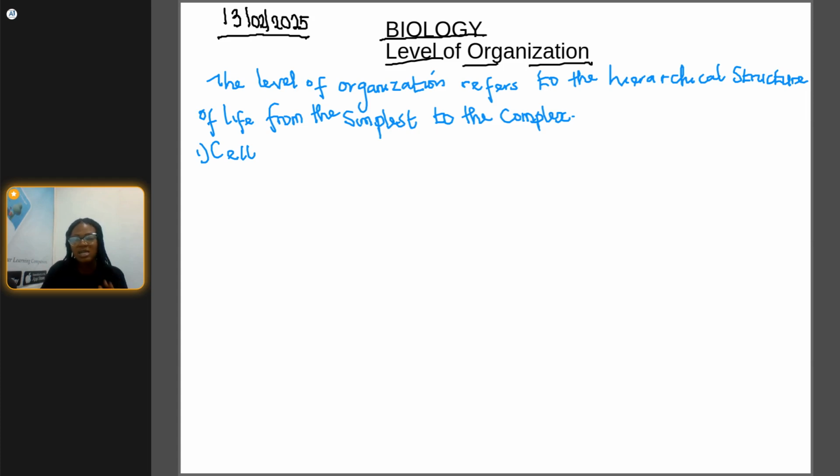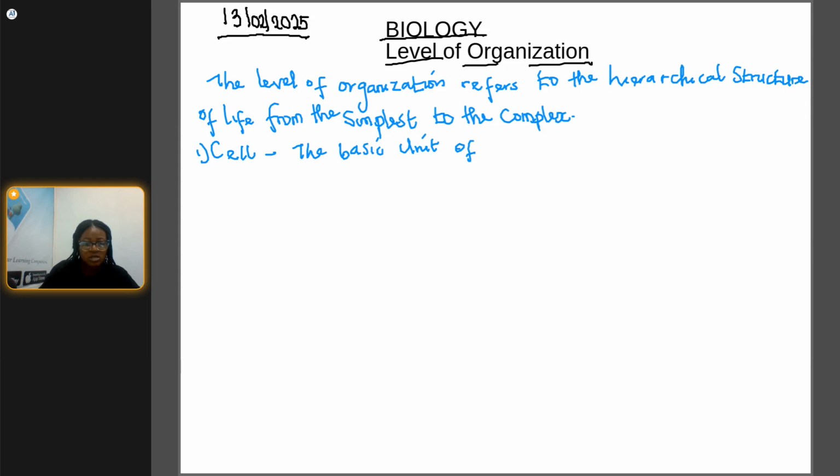The smallest unit of life is the cell. There are some organisms that have only one cell in their body, so they are referred to as unicellular organisms.